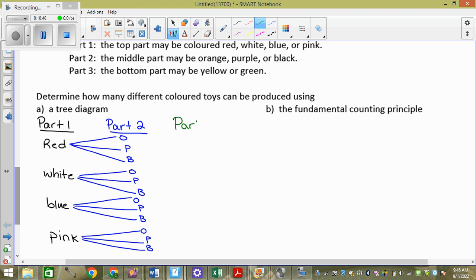So off of every single one of these letters, we have to have yellow and green. So we could have a red top, orange middle, and then a yellow or green bottom. So we're technically just doubling all of the toys we had last time, right? Taking all those 12 toys and giving them options of the base.